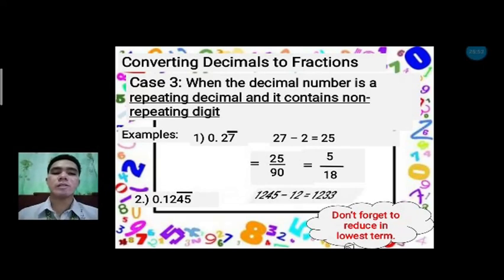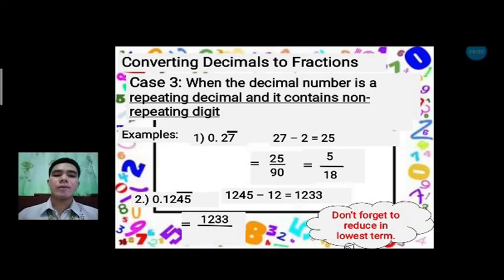So 1245 minus 12 is 1233. That will be our numerator. Now what will be our denominator? We have two repeating digits, that is 45, and two non-repeating digits. Therefore, the number of 9s is 2 and the number of 0s is also 2. Our denominator will be 9900.